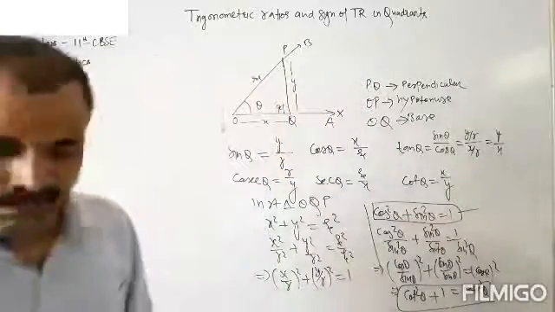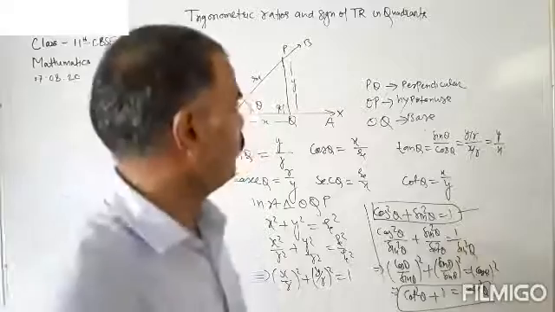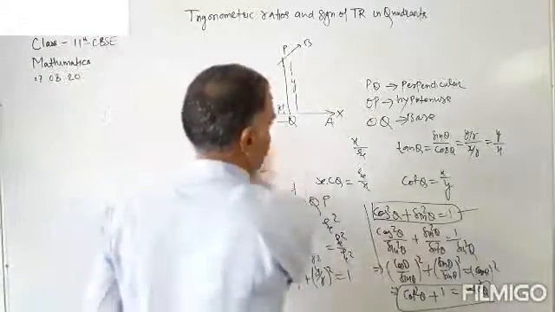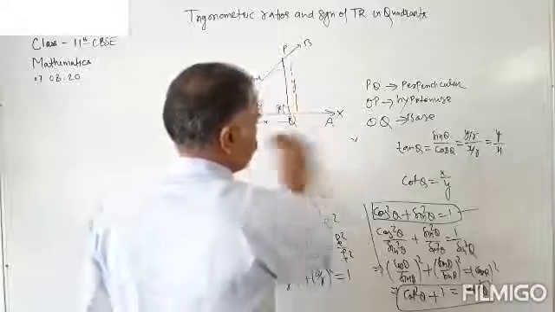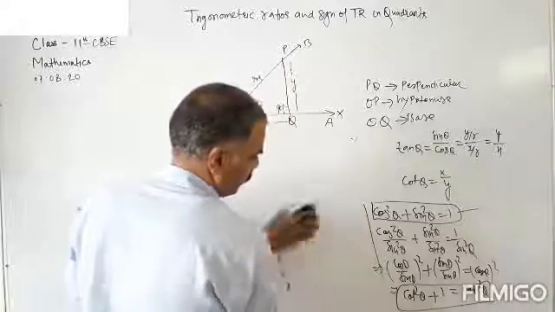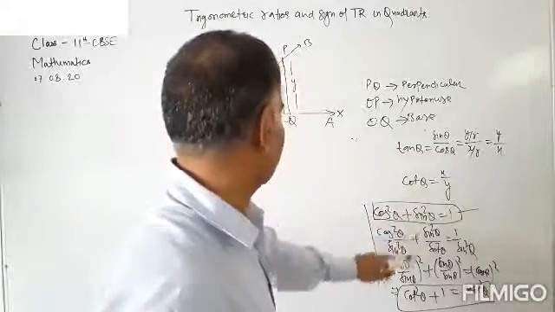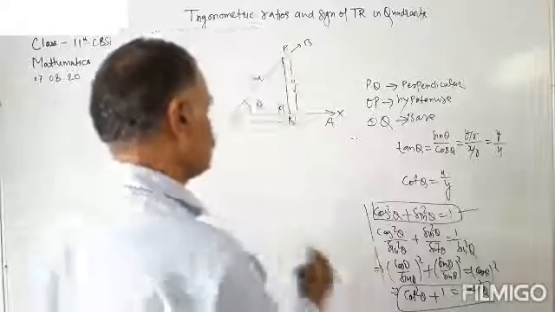Okay, now we can draw or prove other trigonometric identities also. So the next one will be to divide this equation by cos square theta.